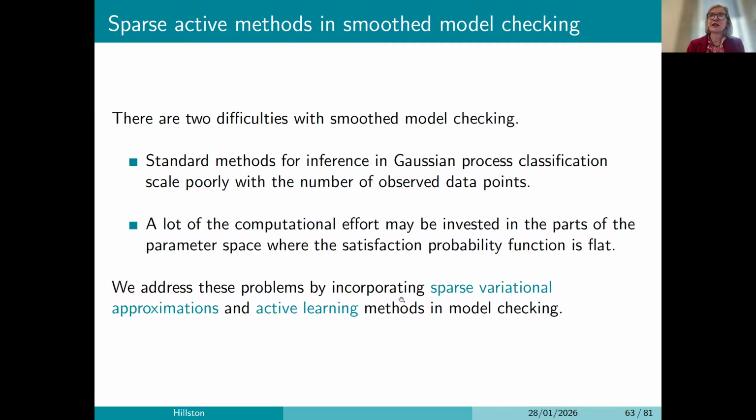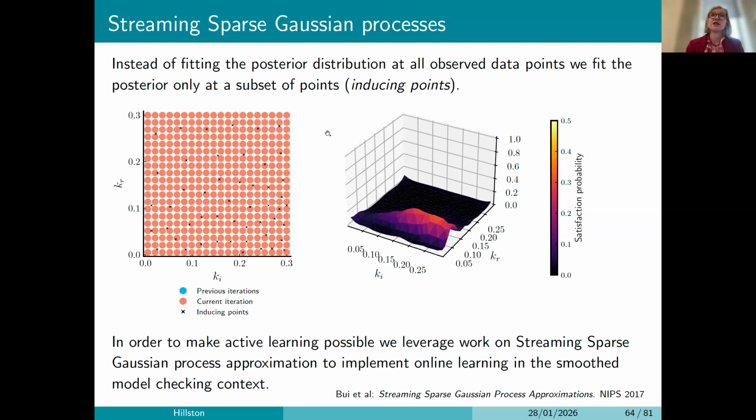So we address this problem of scalability with the number of points by using sparse variational approximations, and by using active learning in terms of choosing where to put those points. In terms of sparse Gaussian approximation, we use an approach developed by Bui and others in the NIPS paper in 2017, called Streaming Sparse Gaussian Process Approximation.